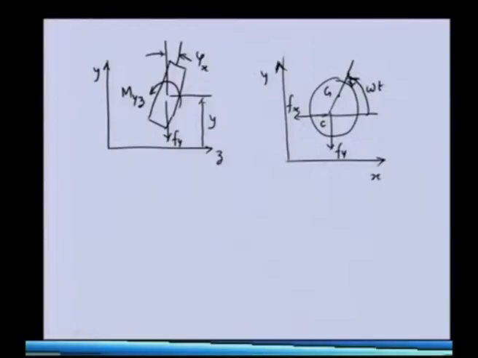So, now you can see that the eccentricity, which is defined as Cg, has two components. One is in the x direction. If I drop a perpendicular up to here, let us say I refer to that as h, then the component of the eccentricity in the x direction is Ch, that is given as E cos omega t, and the component in the y direction is Gh, that is E sin omega t.